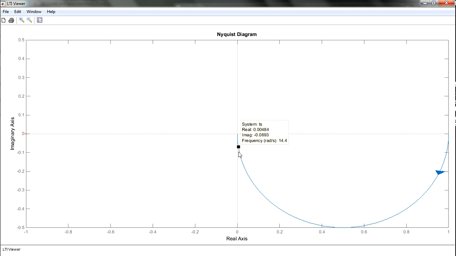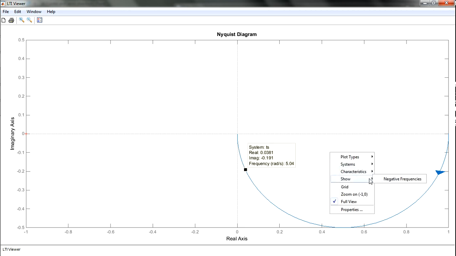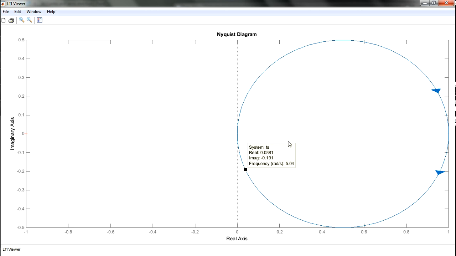This is when you plot frequency in the positive. These are all positive values. So if I were to show negative, this is actually the reflection. You can see these are all negative readings. So typically you will be plotting from 0 to minus infinity in this case.